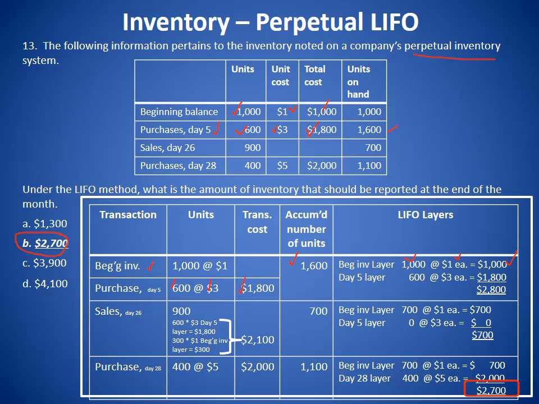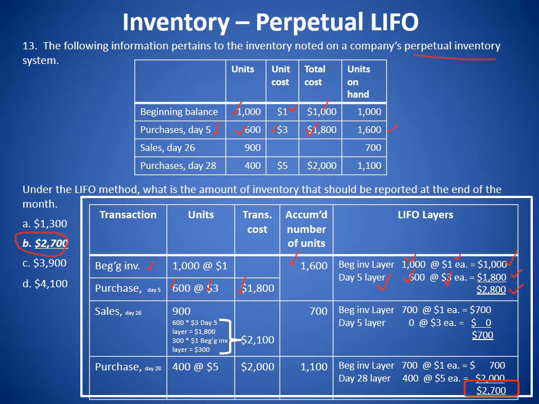It's again 600 units times $3 per unit, which means my cost layer for day 5 is $1,800. So now I have 2 layers of inventory, and those 2 layers add up to $2,800, and that would be the amount that's in my general ledger.